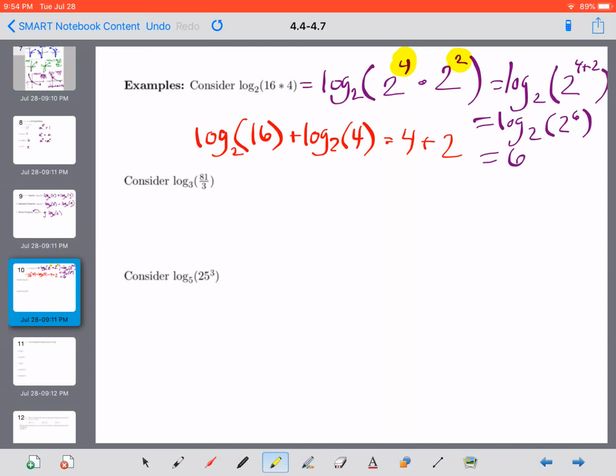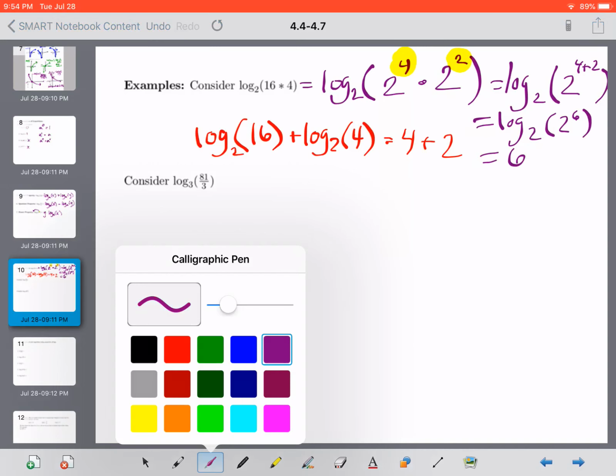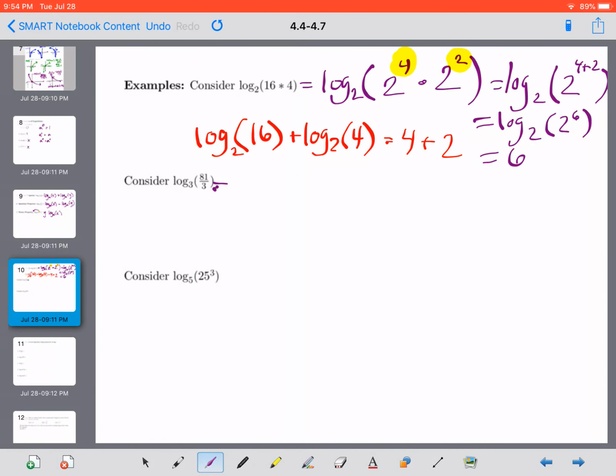All right. Similarly, if we wanted to find the log base 3 of 81 divided by 3, well, I could rewrite this using powers of 3 as follows. We have log base 3 of, 81 would be 3 to the 4th power, because it's 3 times 3 times 3 times 3, 9 times 9. And 3 in the bottom, I can rewrite it as 3 to the 1 power.